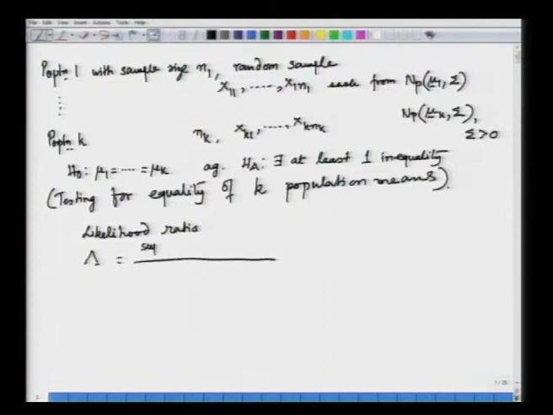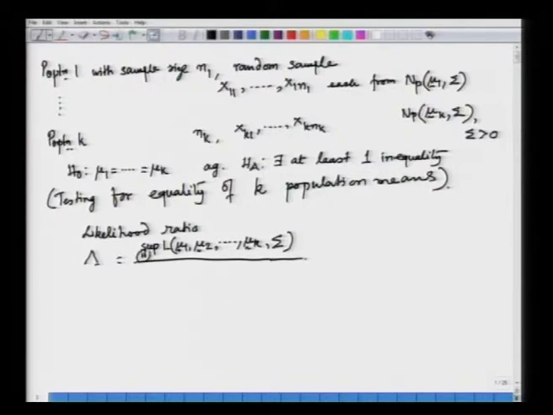The numerator is the supremum over the likelihood function, written as a function of the parameters that come into the picture: the k means mu1 to mu k, and obviously the dispersion matrix sigma.